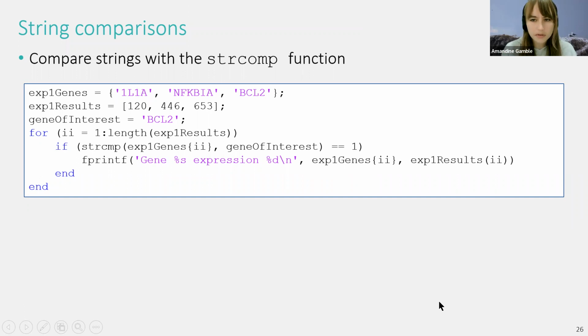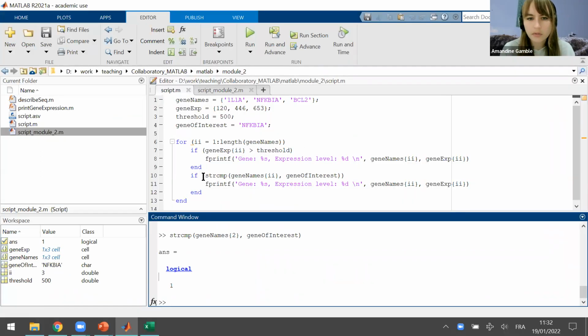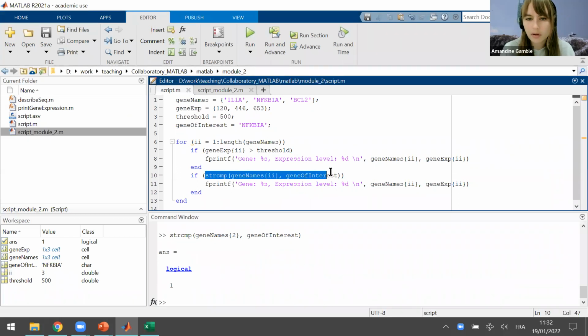Okay, so we just did that. What I was illustrating here is that you see how I just write if this condition, and Matlab runs that only if this is true, so returning 1. But you can change it if you want.